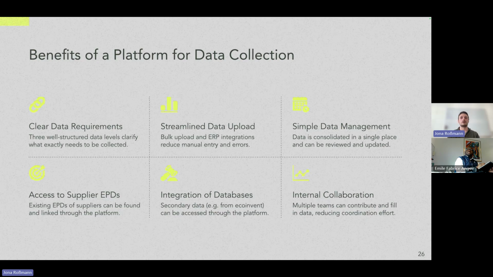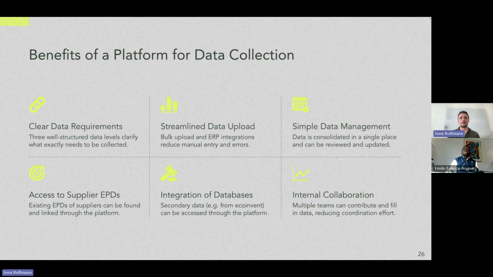So if you have materials from your suppliers and the suppliers have published EPDs for those materials that you purchase, you can, of course, also link them directly to the modeled materials on the platform and you do not have to fall back to secondary data.